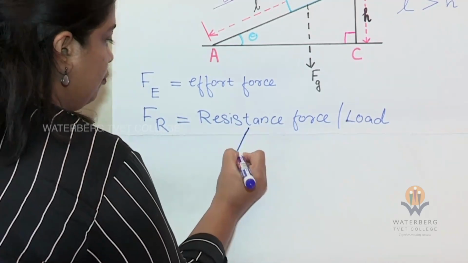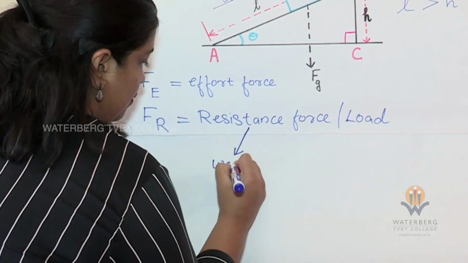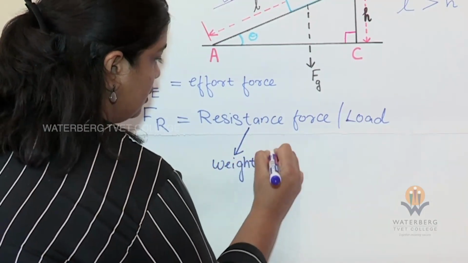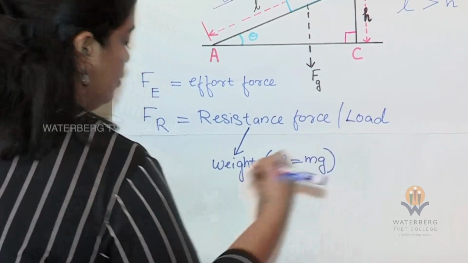Resistance force is often called the weight of the object, and weight of the object is calculated using the formula W = mg.